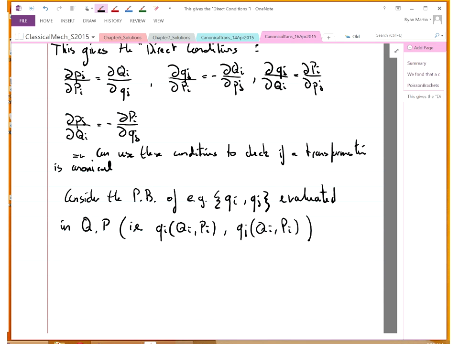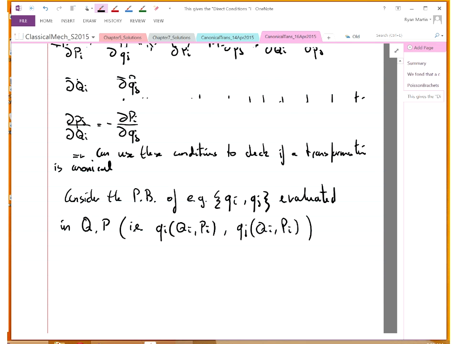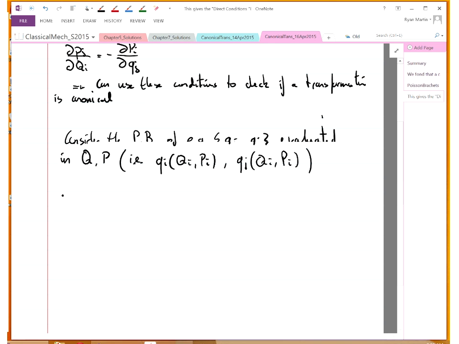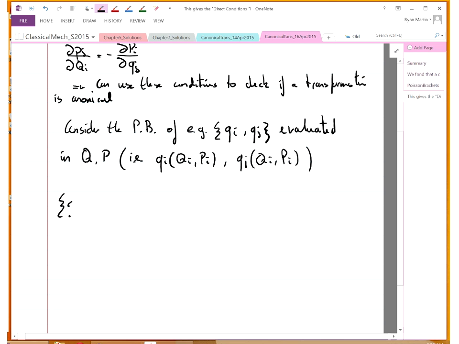Because we have transformation equations to go back and forth, there exists a function that gives the lowercase q's in terms of the capital Q's and capital P's. So these little lowercase q's are functions of the capital Q's and P's, and so we can evaluate the Poisson brackets of them. So let's go and try that.